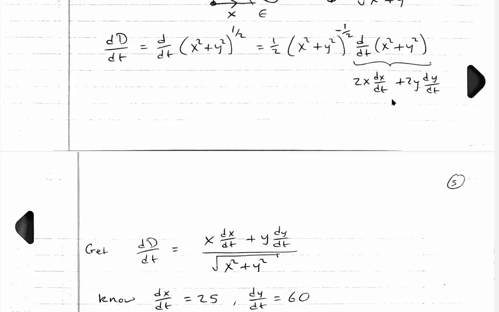There was some simplifying. Multiplying by 1/2, it's 1/2 times each of these, distributing, and these cancel. Write this as 1 over the square root of x squared plus y squared, and this is on top.